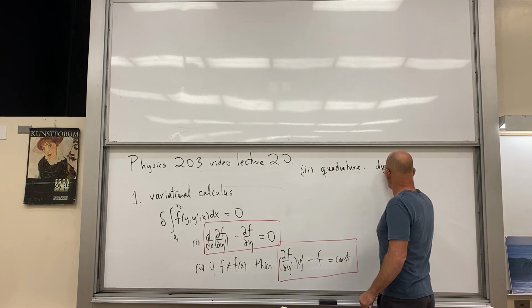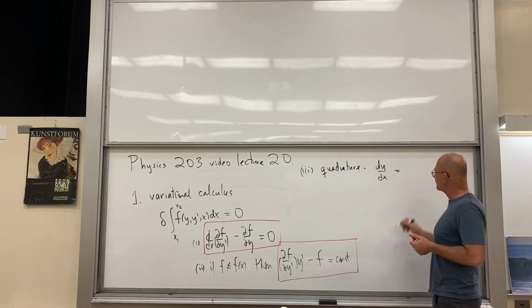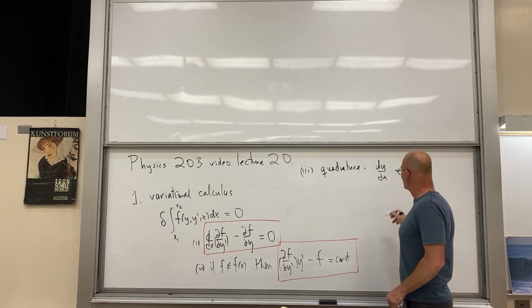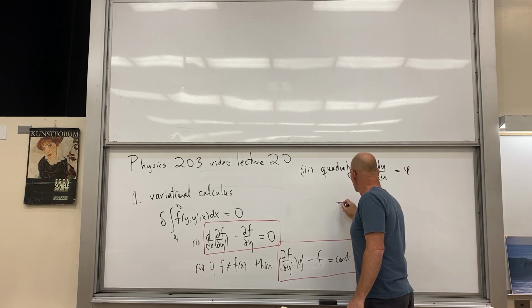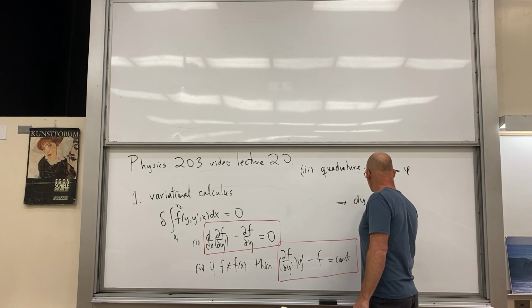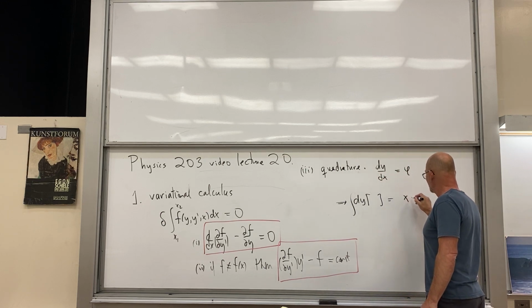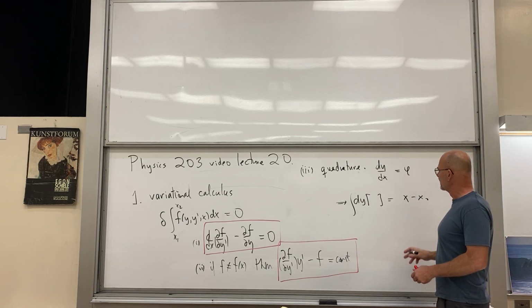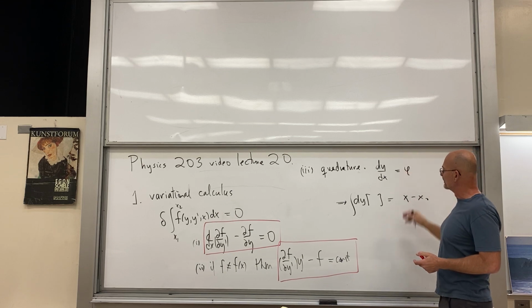So you have dy over dx is equal to something. Can't say f, I'll just say some function phi. And if you can separate it, whatever you can separate, dy over phi of y equals, say, x minus x0 in that case. I'm not being explicit on this right now. This would be some function.